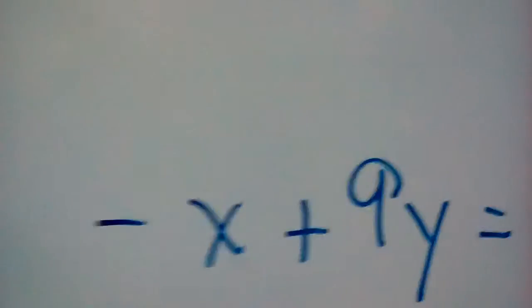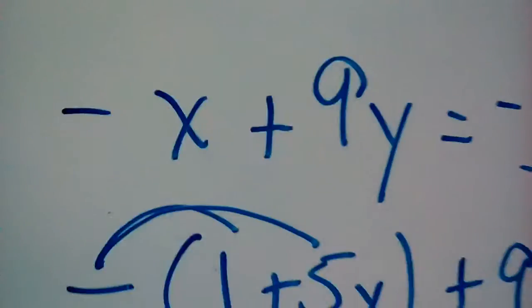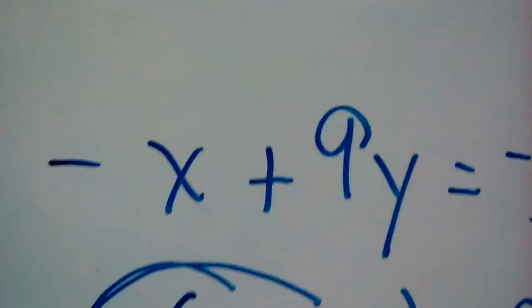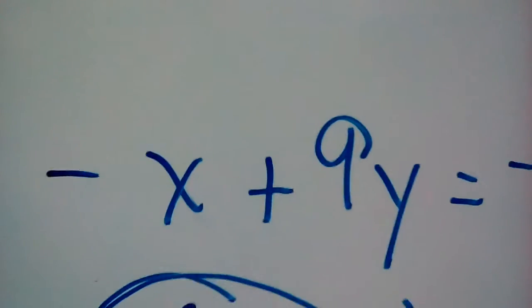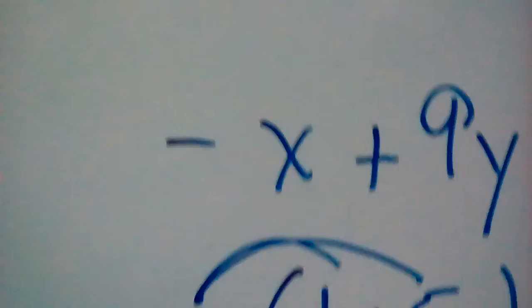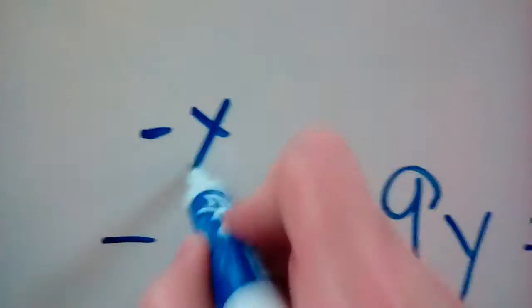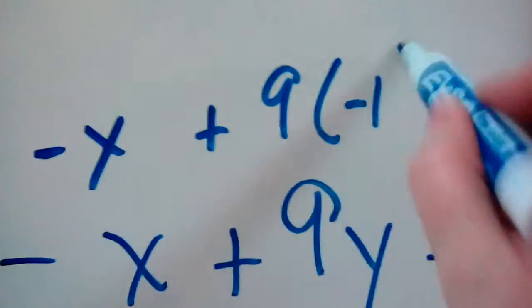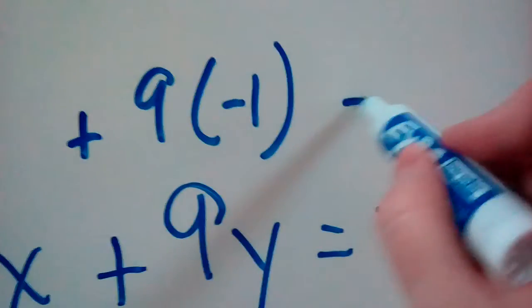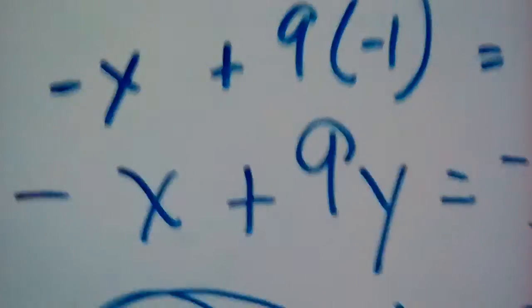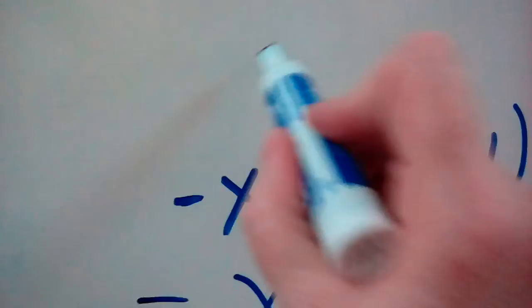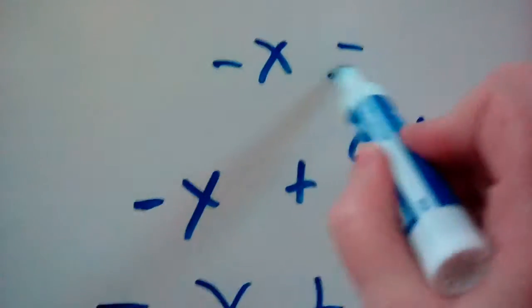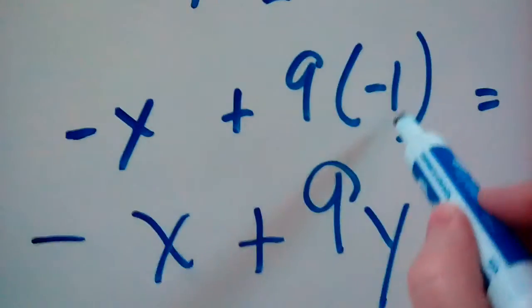So now if I come up here, wherever I see a y, I'm going to put a negative 1. If I have a negative x, and I have 9 times a negative 1, and all of that is equal to negative 5, let's see what we get. I have a negative x, and that is equal to, well, what's 9 times a negative 1?